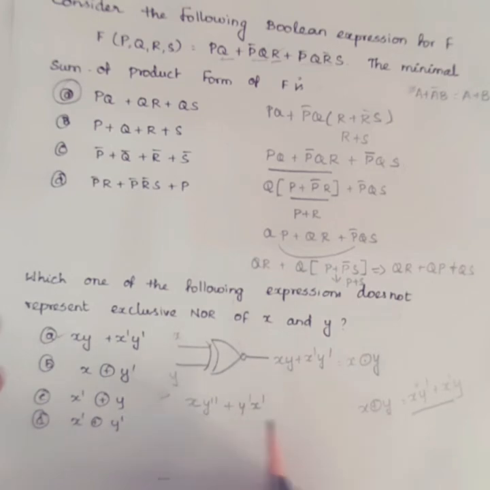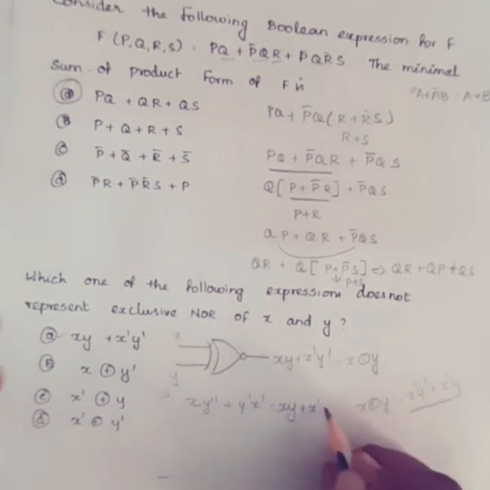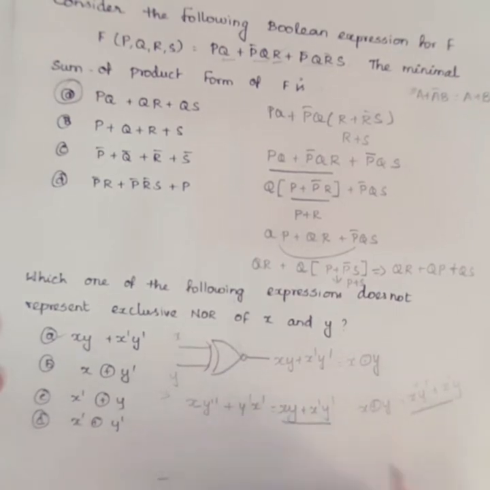Y double dash is nothing but Y, so this is XY plus X dash Y dash, which is equivalent to exclusive NOR operation.